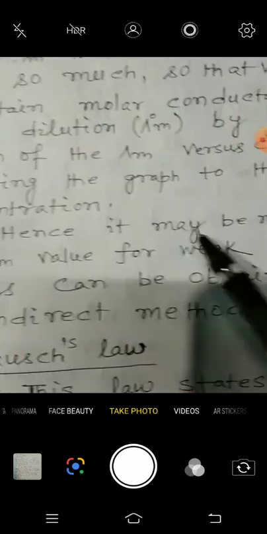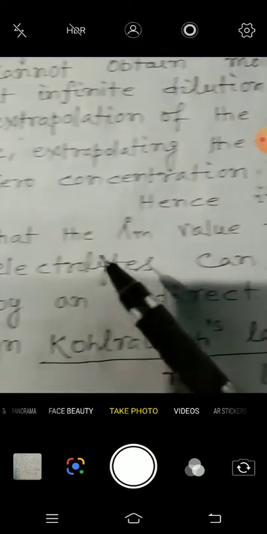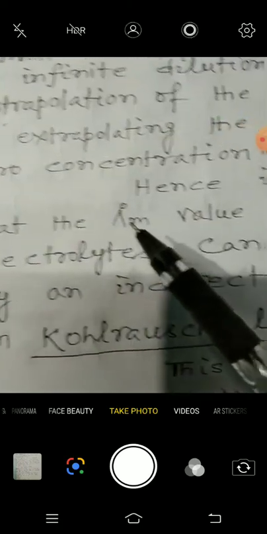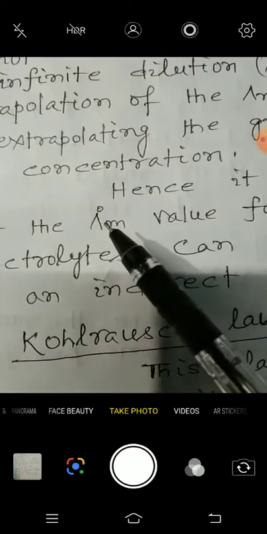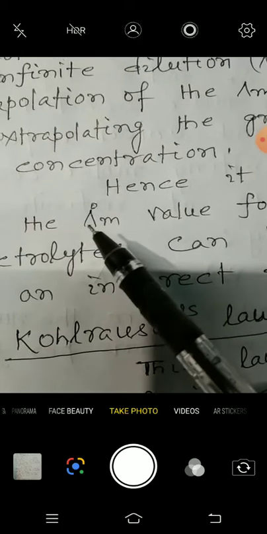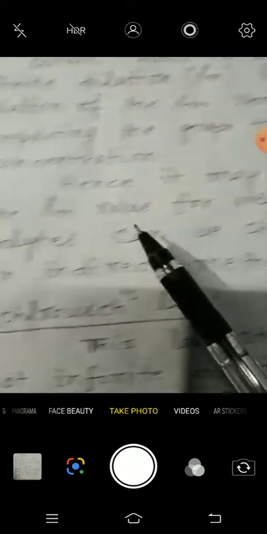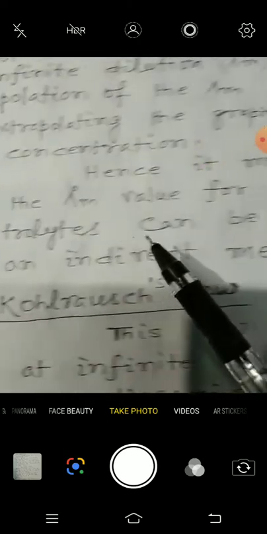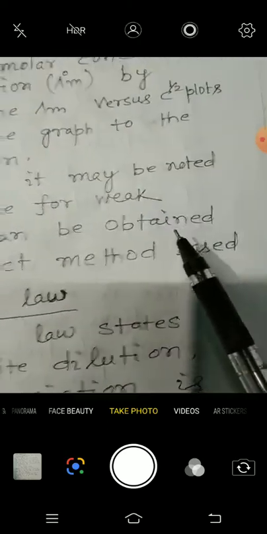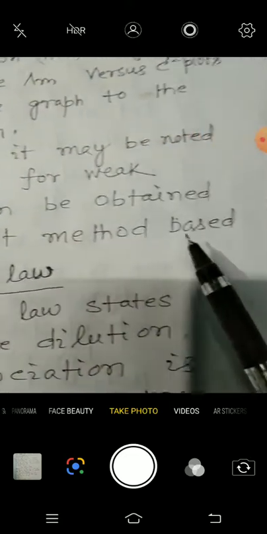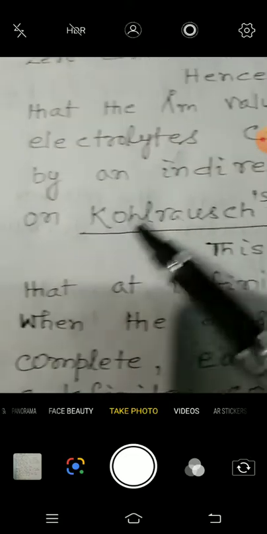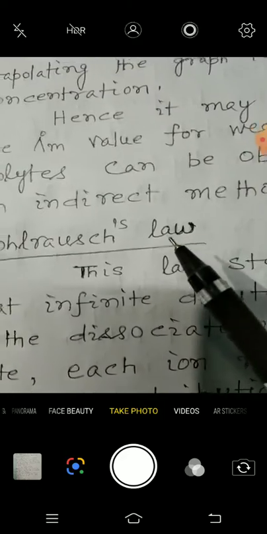Hence, it may be noted that the lambda naught m, that is the limiting molar conductivity value for weak electrolytes, can be obtained by an indirect method based on Kohlrausch's law.